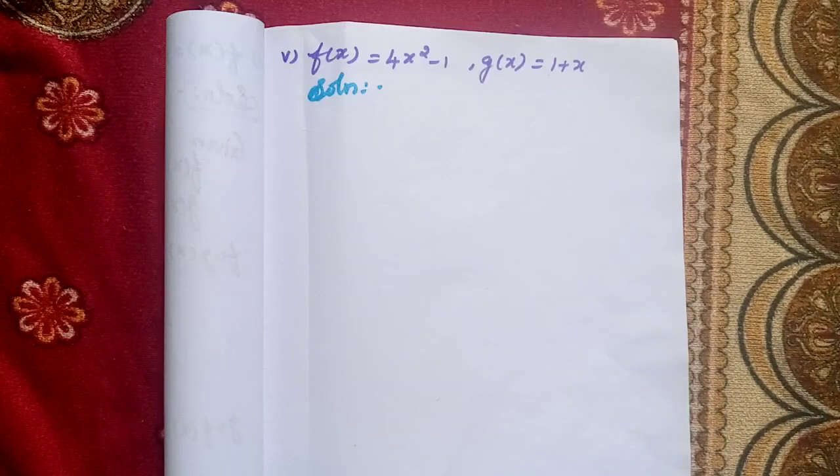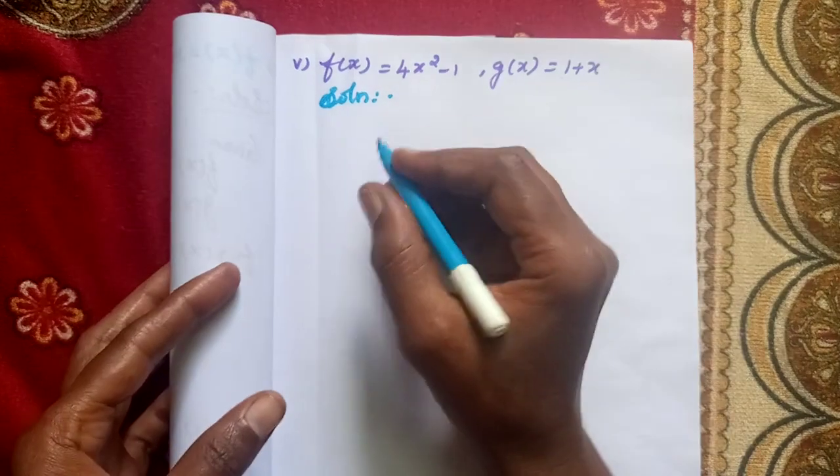Listen. Here the question is: using the functions f and g given below, find f composite g and g composite f. Check whether f composite g is equal to g composite f. We have to check whether it is equal or not equal. First we find f composite g.